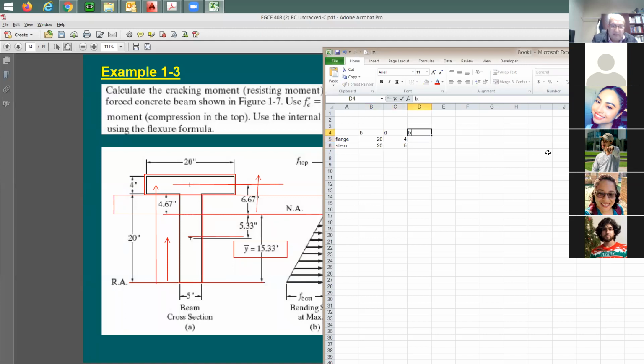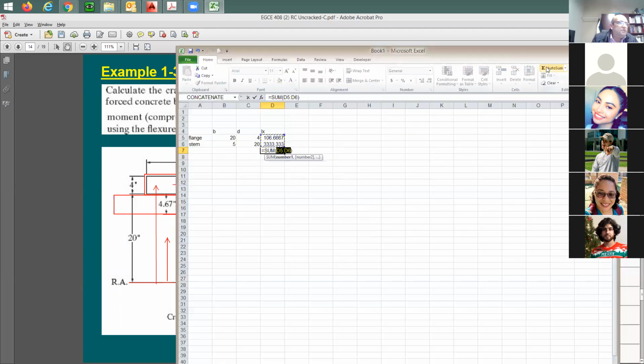So I'm going to say Ix for each one of them, plus this times the width of this, the stem is going to be 5 by 20, plus the width times the depth cubed divided by 12. And copy this, and then add them together. So this, for example, Ix only, Ixo if you'd like to call it Ixo, right? If you'd like to change this, at one point you make this 6 inch, all the numbers are going to change.